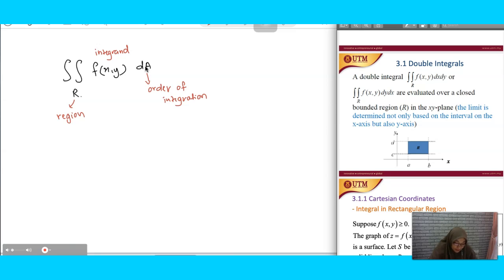Okay, so firstly, I want to introduce what region R means.